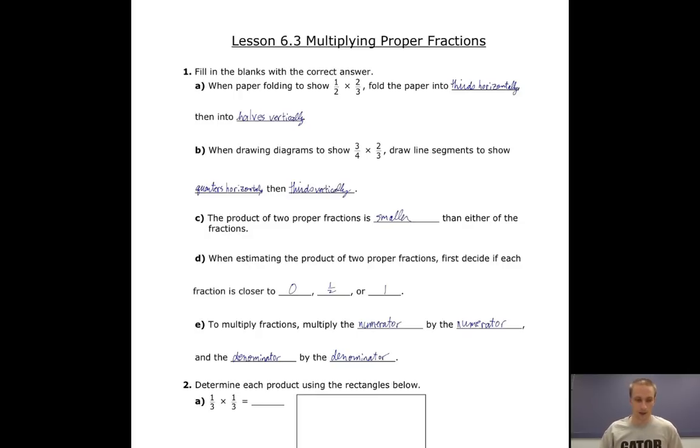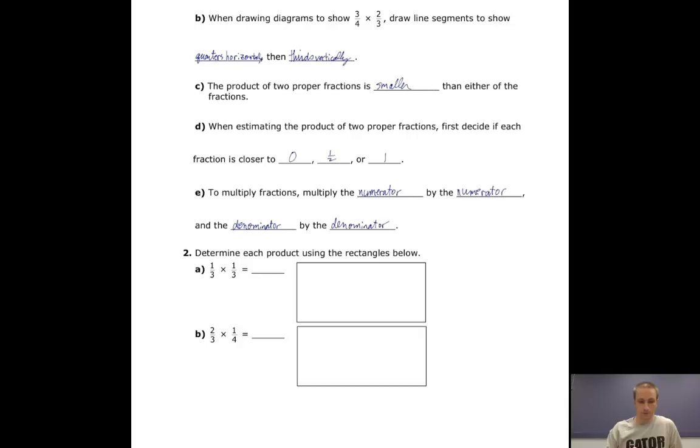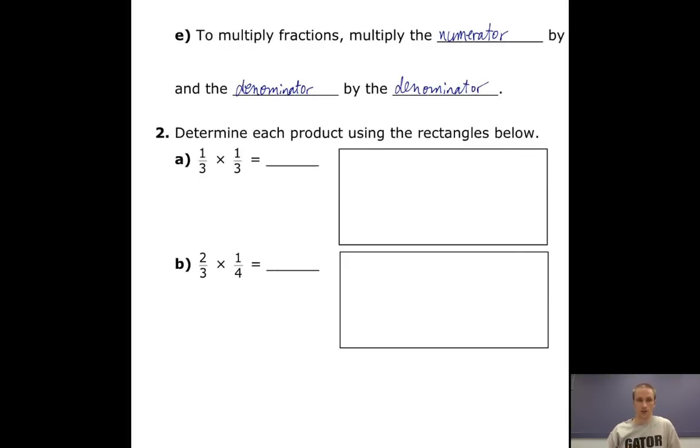So now let's look at how we can determine each of these products using the rectangles below. I'm just going to zoom in on this particular area and focus in on just that. The first thing that I'm going to do is draw some vertical lines to split up the first rectangle into thirds vertically and also thirds horizontally.